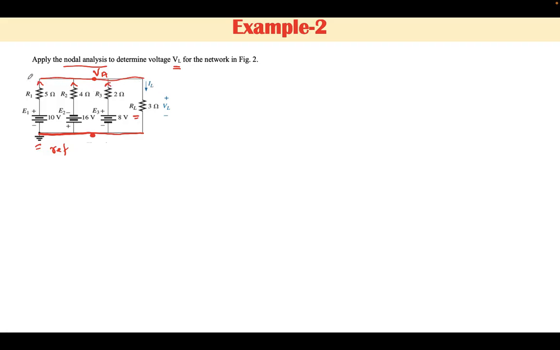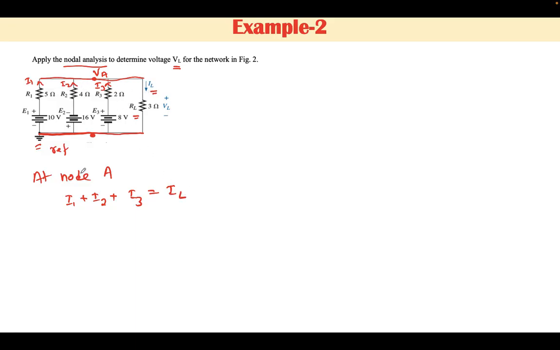This is I1, this is I2, this is I3, this is already given as IL. Apply the concept of nodal analysis at node A. The sum of currents will be equal to IL, and hence I1 plus I2 plus I3 is equal to IL according to KCL.